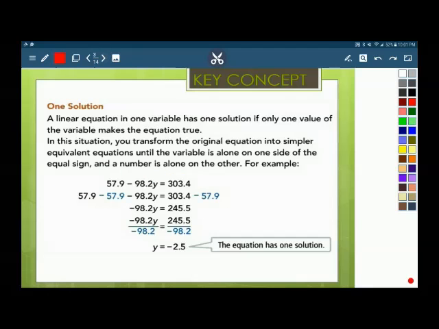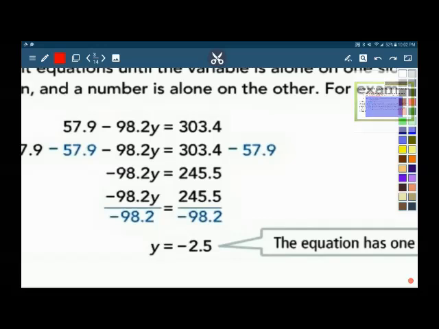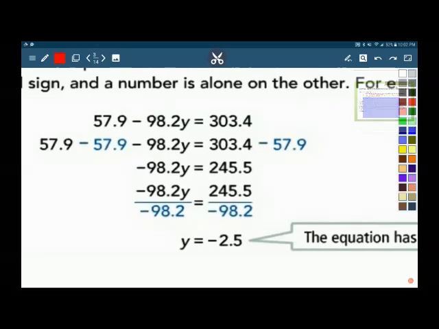The key idea behind one solution is to actually find the value of the variable. A linear equation in one variable has one solution if only one value of the variable makes the equation true. Let's take this equation they give us, 57.9 minus 98.2y equals 303.4.